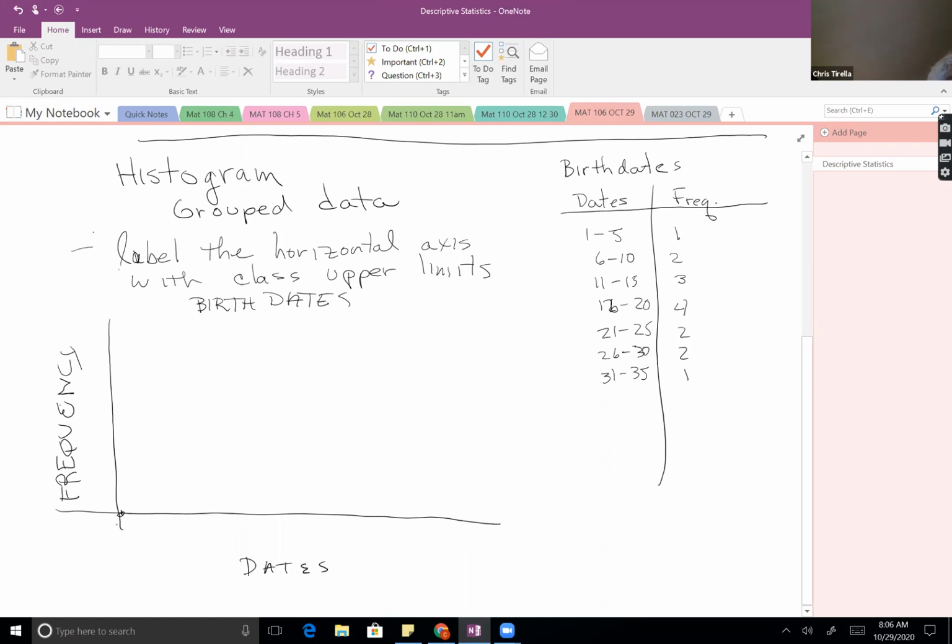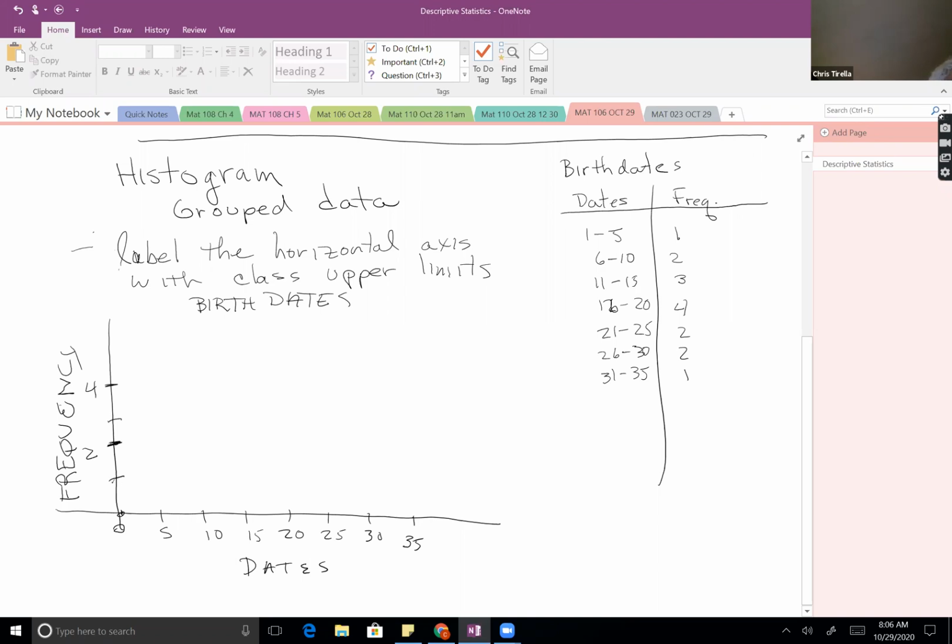We're going to start at 0, and then we're going to label it with those limits: 5, 10, 15, 20, 25, 30, 35. And our highest frequency is 4. So I'm going to have that axis go up to 4.